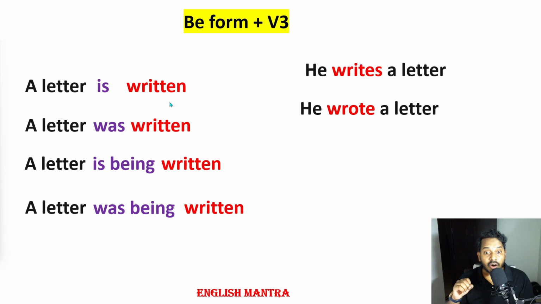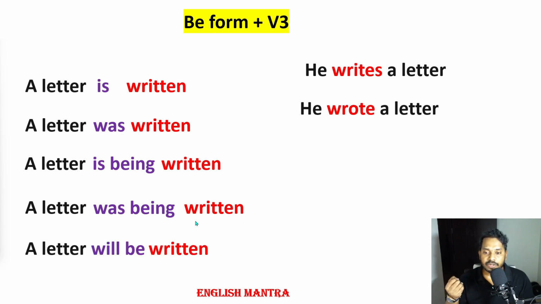See, in all this, I even can use for future. A letter will be written. Now this is simple future tense. So see, here the verb is the same, written. But here this is simple present tense, simple past tense, present continuous tense. All these are in passive voice. Past continuous, simple future. See, all these are in passive voice. Why? Because we used be form plus V3.